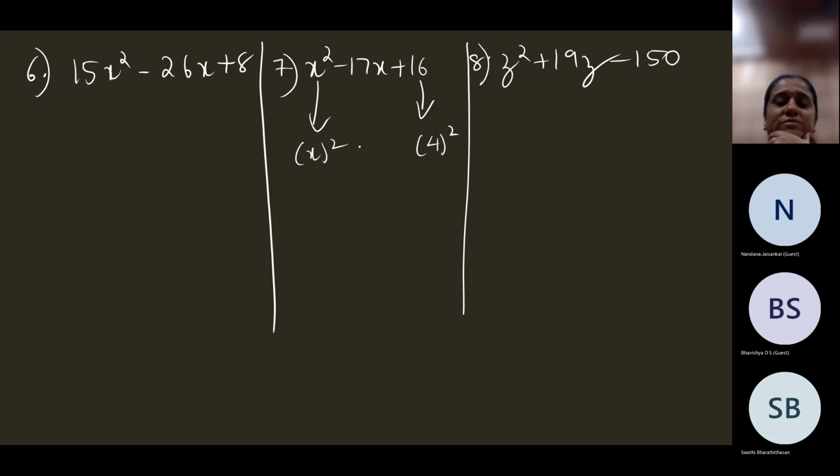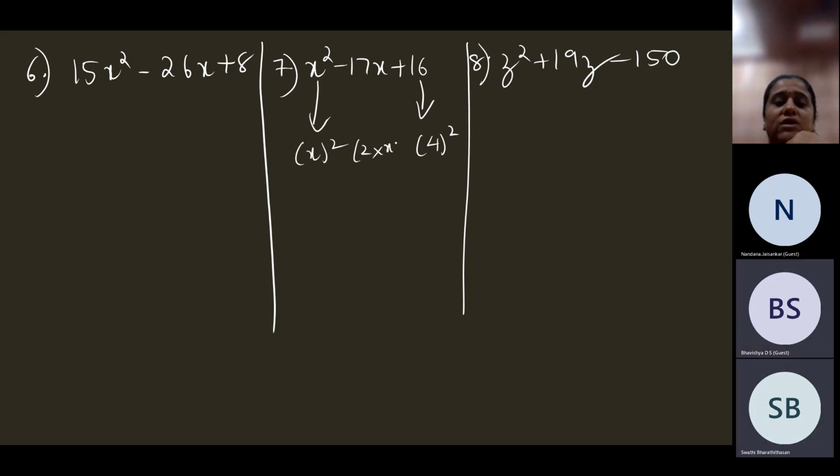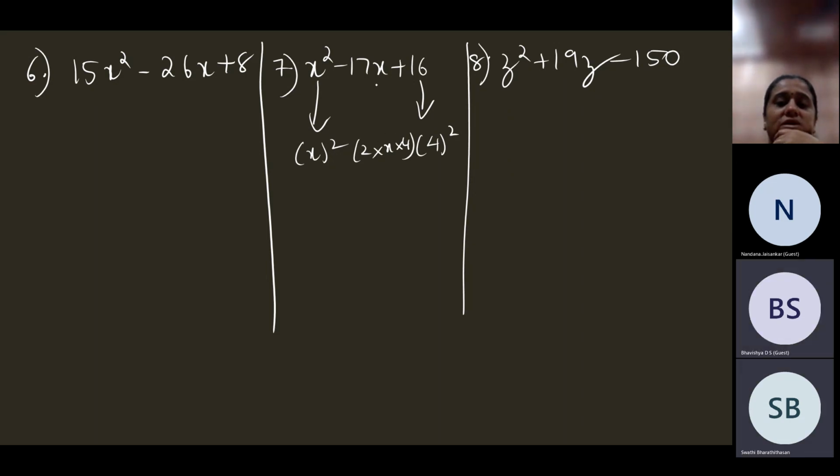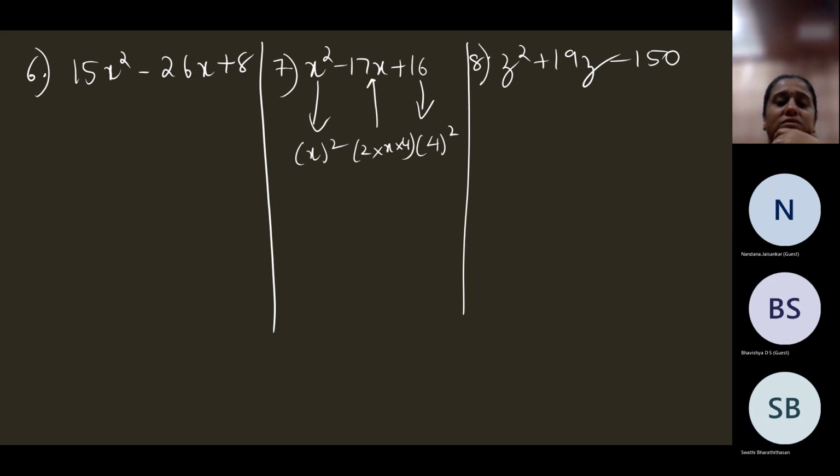So what will be the middle term then? 2 into x into 4, ma'am. What will be the middle term then? 8x, ma'am. But what do we have here? 17x, ma'am. That means we can't use the identity. If you're not getting the middle term, that means you cannot use the identity.